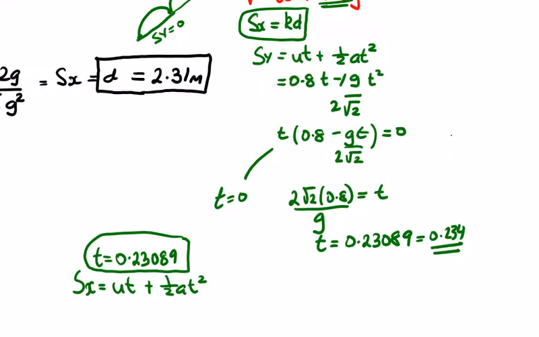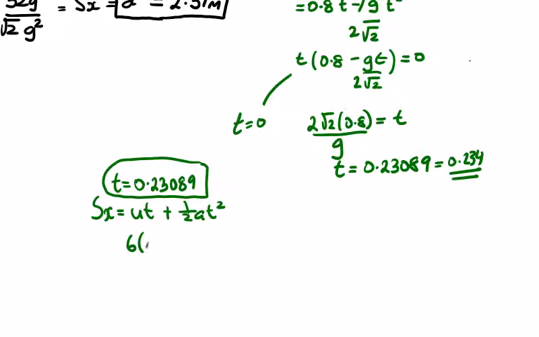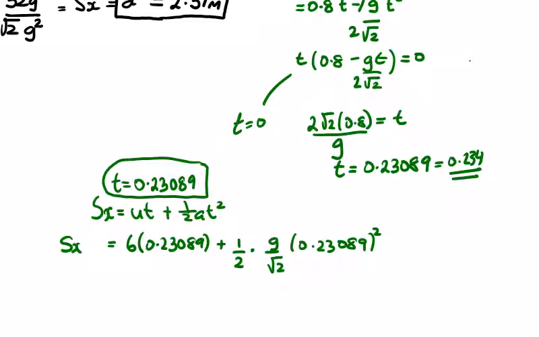Just double check, yeah, 6i, 6 by 0.23089 plus a half by a, which was g over root 2, by t squared, which is 0.23089 squared. So they're really testing your patience in this question.